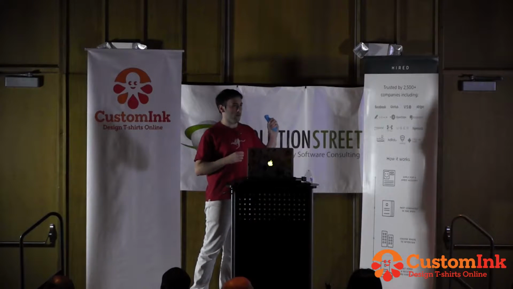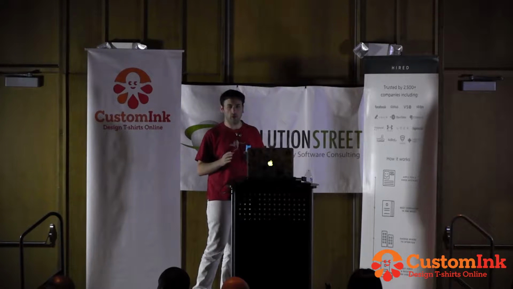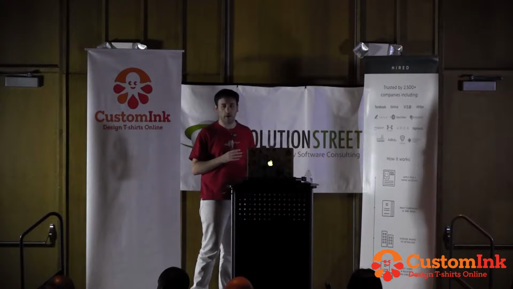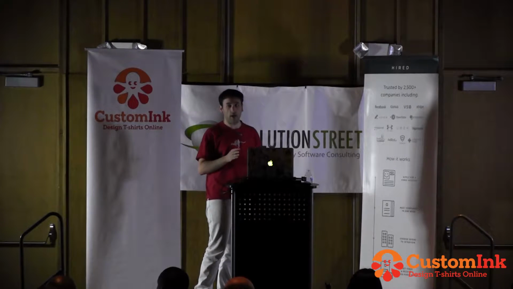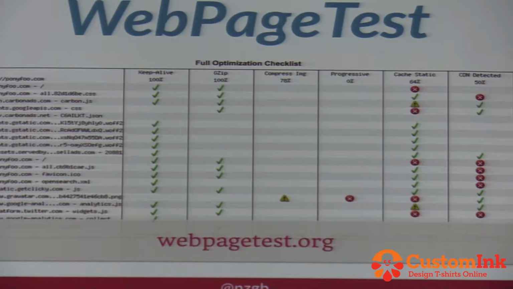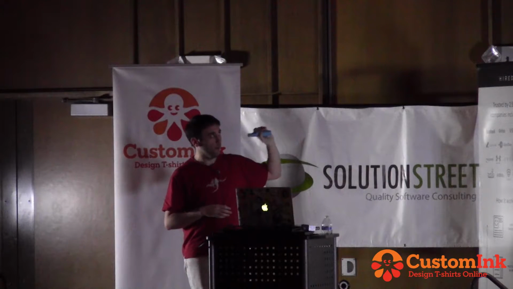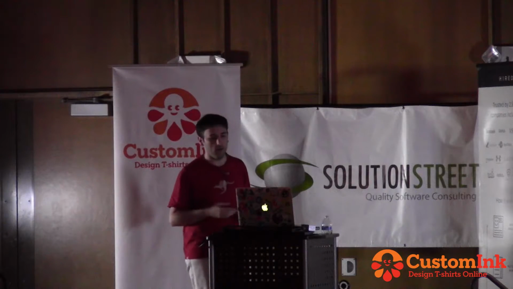So this makes it great to figure out whether, for example, you could load your fonts faster or asynchronously, and this way you would save half a second in your load time, for example. And it also gives you the same grades that we saw earlier, but per resource instead of just as an overall score.